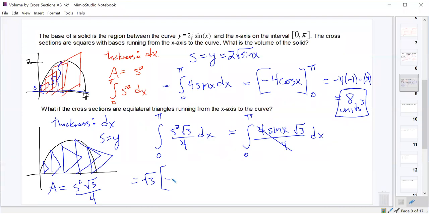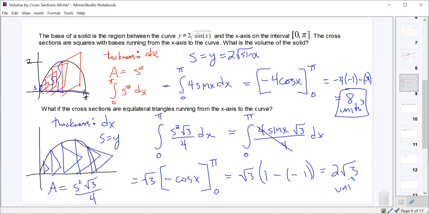That's the integral of sine, that's negative cosine from 0 to pi. So we've got root 3 times negative cosine pi, which would be 1. Right? Negative of -1 is 1, minus the -1 when you get cosine of 0 with a negative in front of it, or 2 root 3 units cubed.